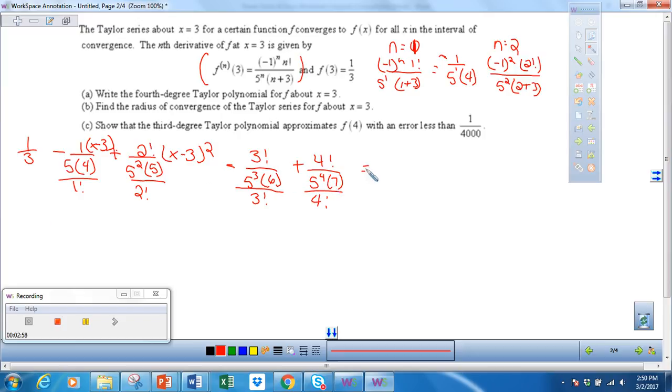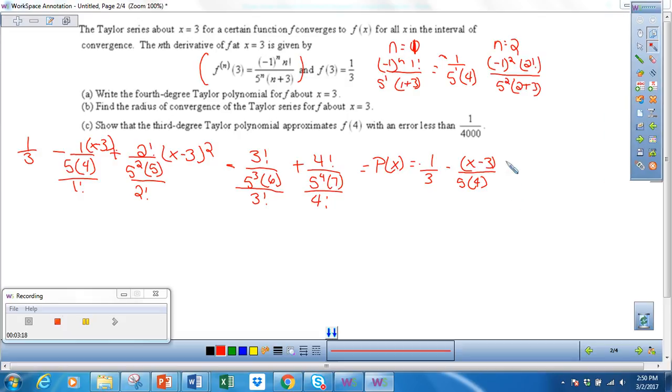Now this simplifies to, I'm just going to write the simplification over here, 1/3 minus x minus 3 over 5 times 4, plus, notice these 2 factorials are going to cancel each other out, so I have x minus 3 squared over 5 squared times 5.